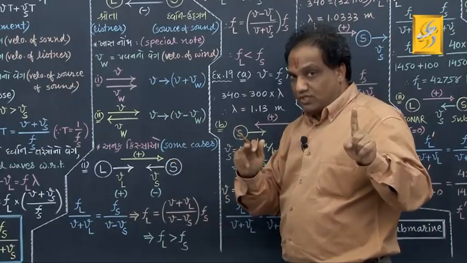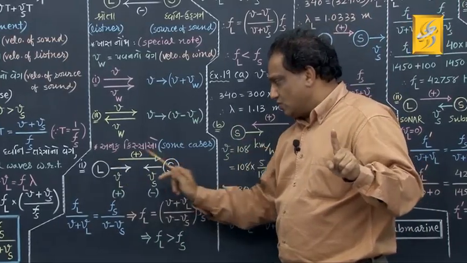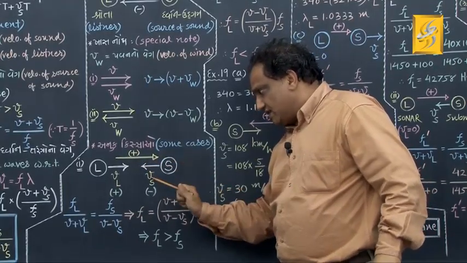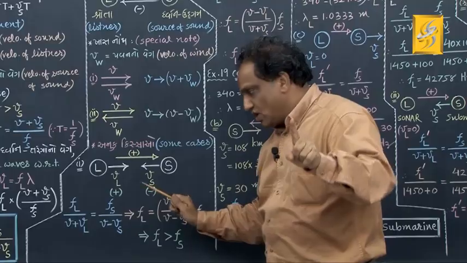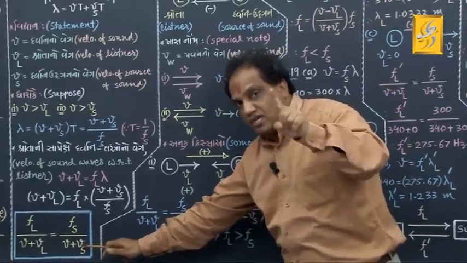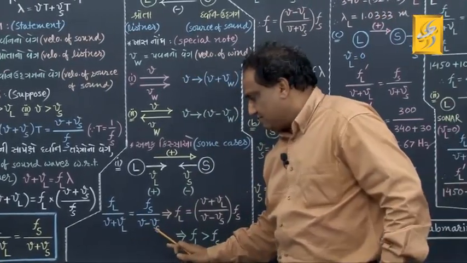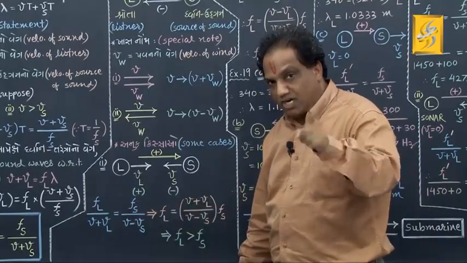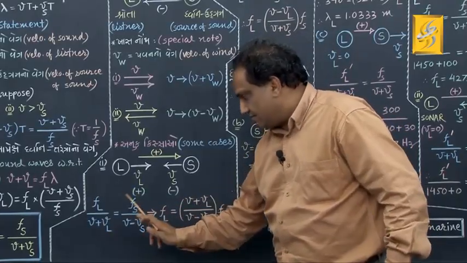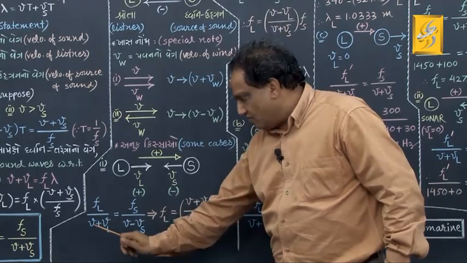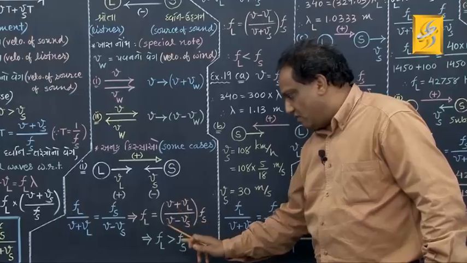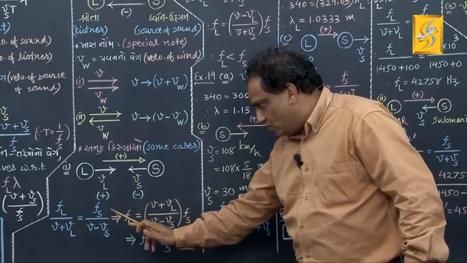Velocity in a direction from listener to source should be taken positive, but because this velocity is opposite, I must take it as negative. Simple. And now find out FL, make it the subject of the equation. So FL equals V plus VL upon V minus Vs into Fs.